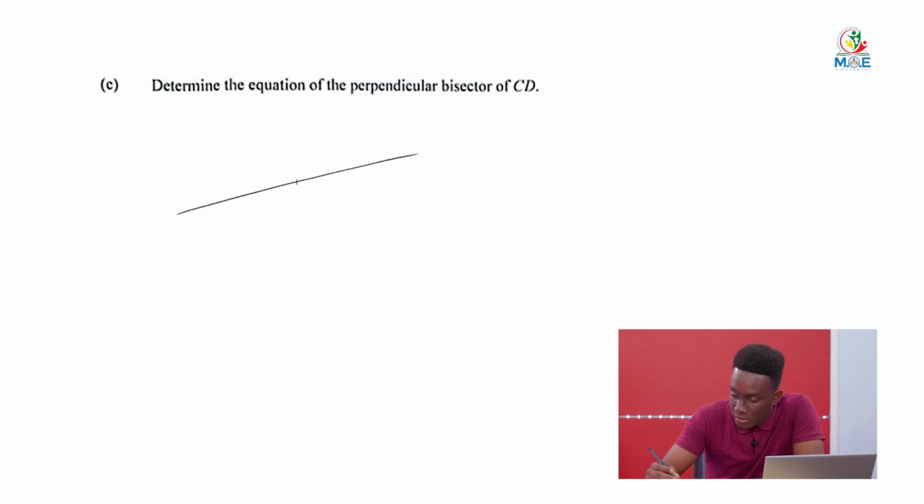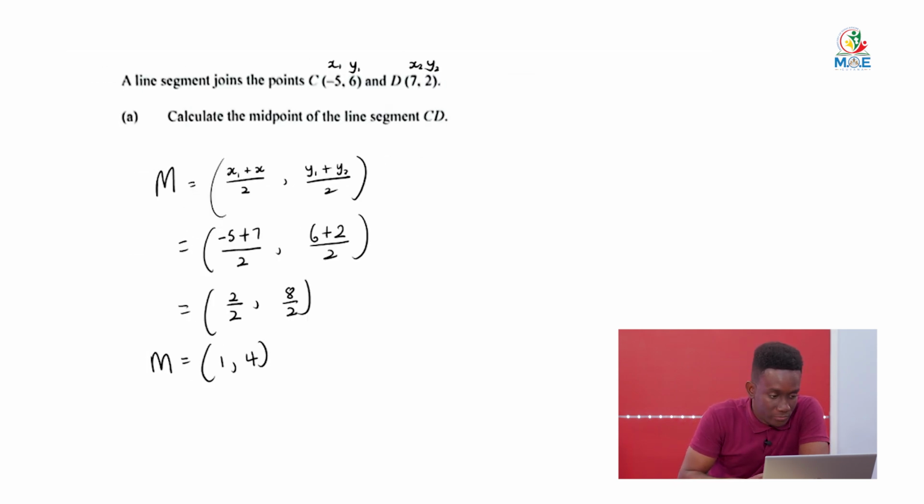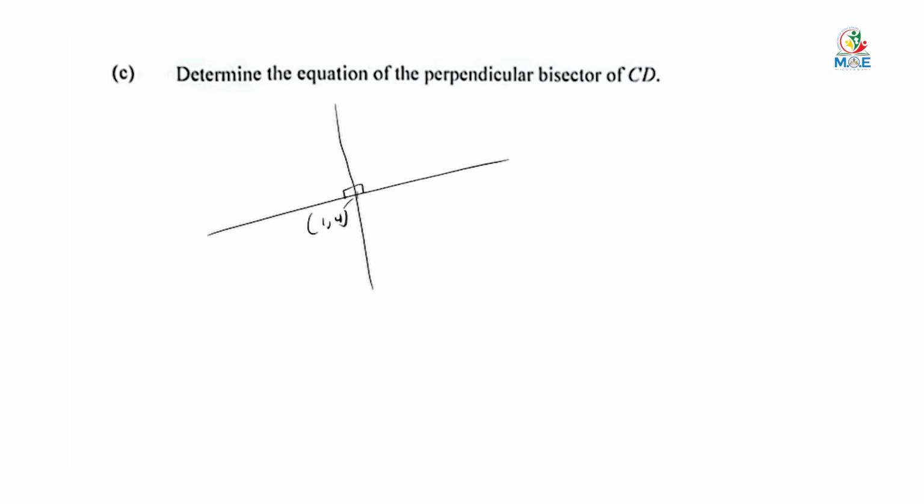A perpendicular bisector means the line passes through the middle of the line segment at 90 degrees, of course. So we know the point at which the line will pass through would be the midpoint, which is (1, 4), that we found earlier. So that is important to note.